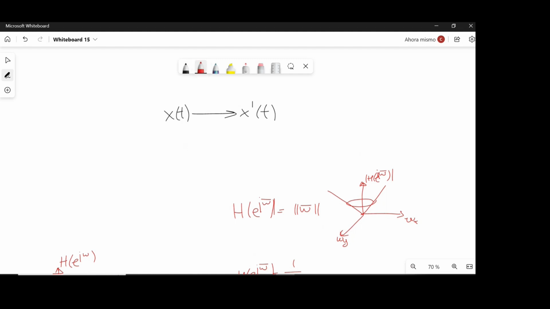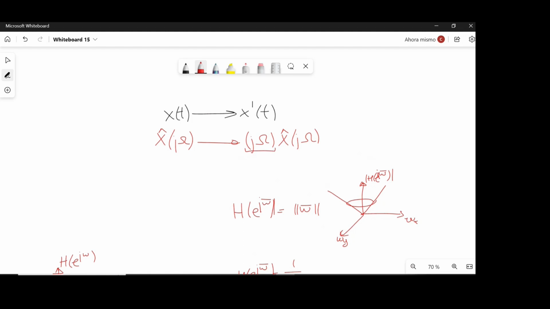Now we go to Fourier space. So I have done the Fourier transform. What is the Fourier transform of x prime? It's j omega times the Fourier transform of x. Do you agree?